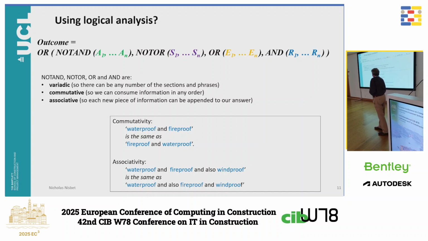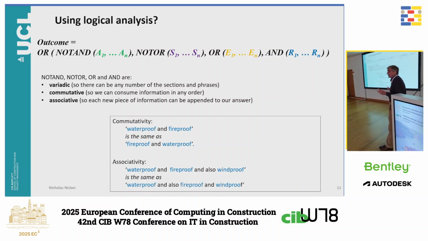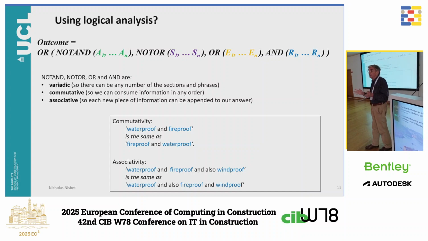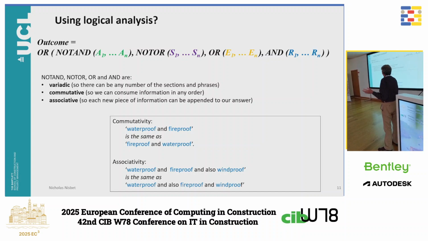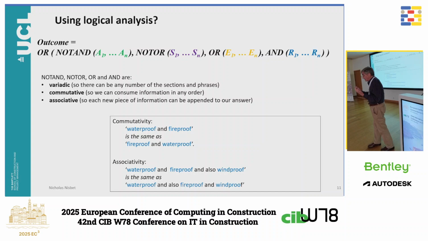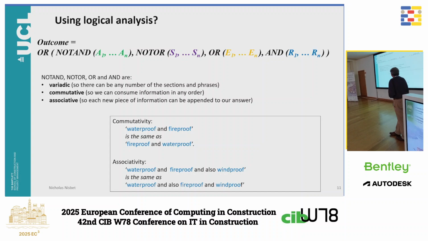But we also want it to be commutative and associative, mathematical terms. Don't panic, don't rush to the doors. Commutative means that we want to be able to consume the information in any order. And associative means that as another piece of information comes along, we can develop our results.